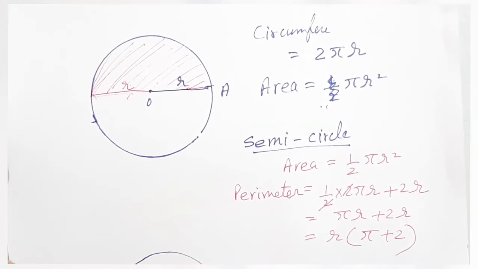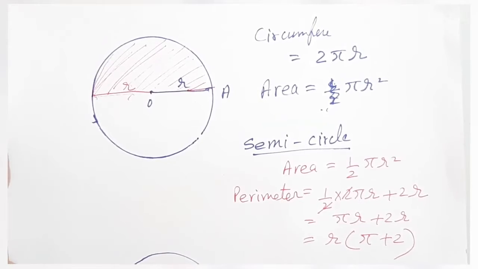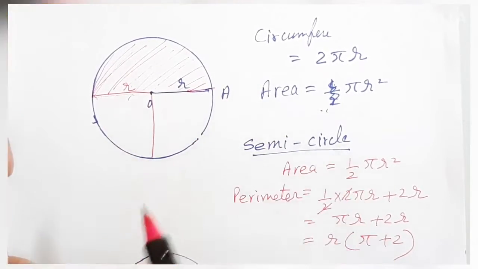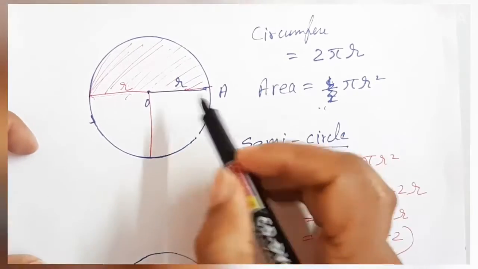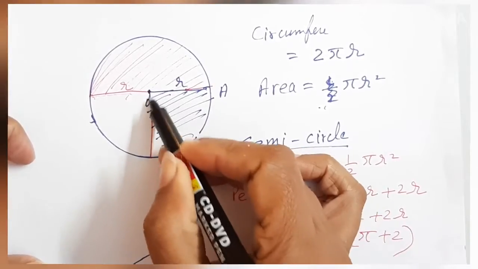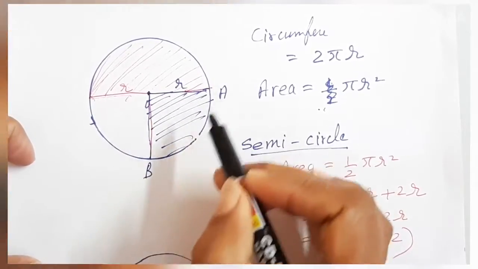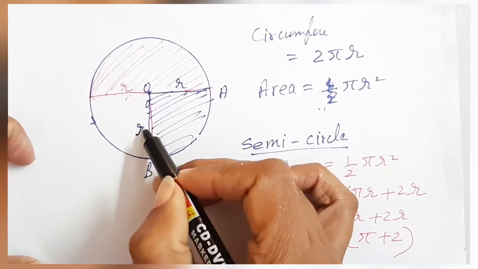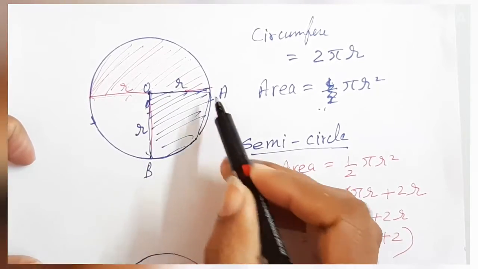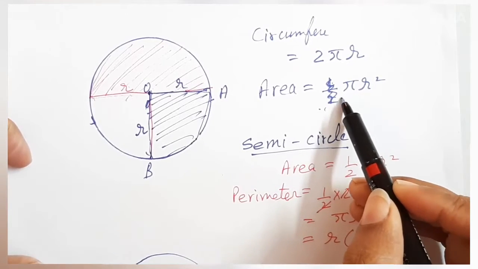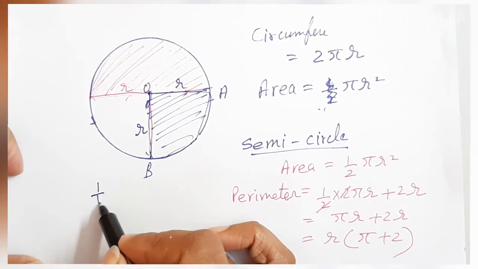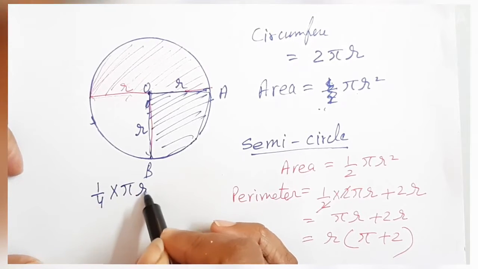Clear? Now students, in the same diagram, if I say what is the area of a quadrant. See, this is now your quadrant. Now here OB is also R, that is the radius. So what is the area of this quadrant? You know that area of circle is pi r square. So area of quadrant will be 1 upon 4 into pi r square.